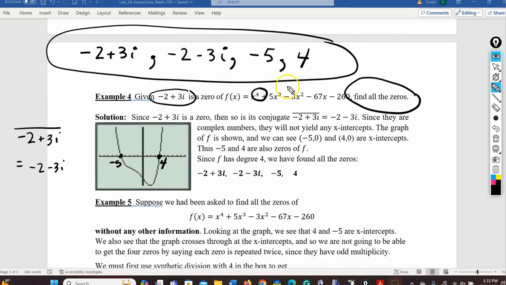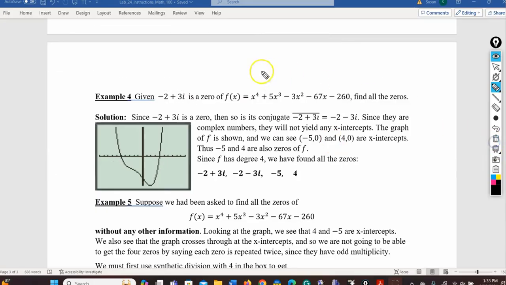And again, this is consistent. Only negative 5 and 4 give me x-intercepts. And my complex ones, they're conjugates of each other, and they do not yield x-intercepts. Now that's really nice when they give you partial information like that.